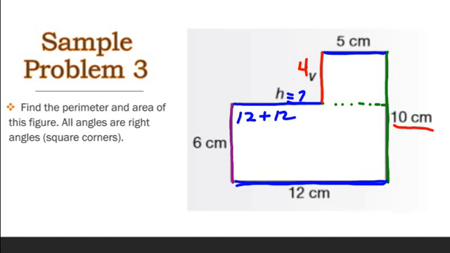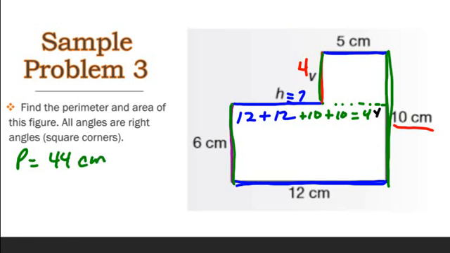And then on the side here, this is all 10, so plus 10. And then this 6 plus this 4 also gives me 10. So 12 plus 12 is 24, plus 10 is 34, plus another 10 is 44. So I have the perimeter equaling 44 centimeters.